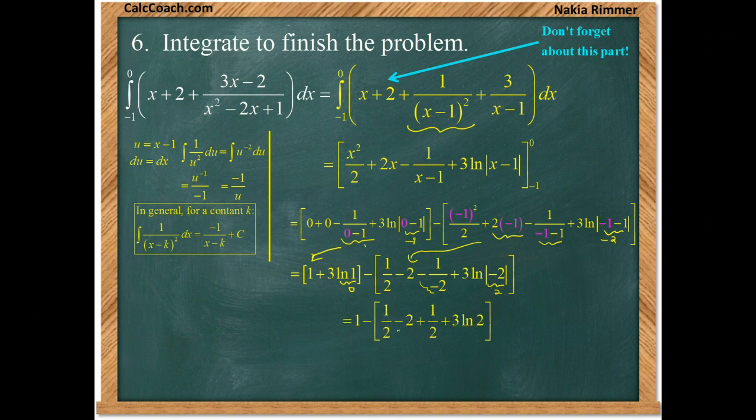So, now, the only thing that's left in the first part is a 1. We have a half, and we have a half. That's a 1. 1 minus 2 is a negative 1. And then when we distribute across, it becomes a positive 1. But minus a 3 log 2. For a final answer of 2 minus 3 log 2.